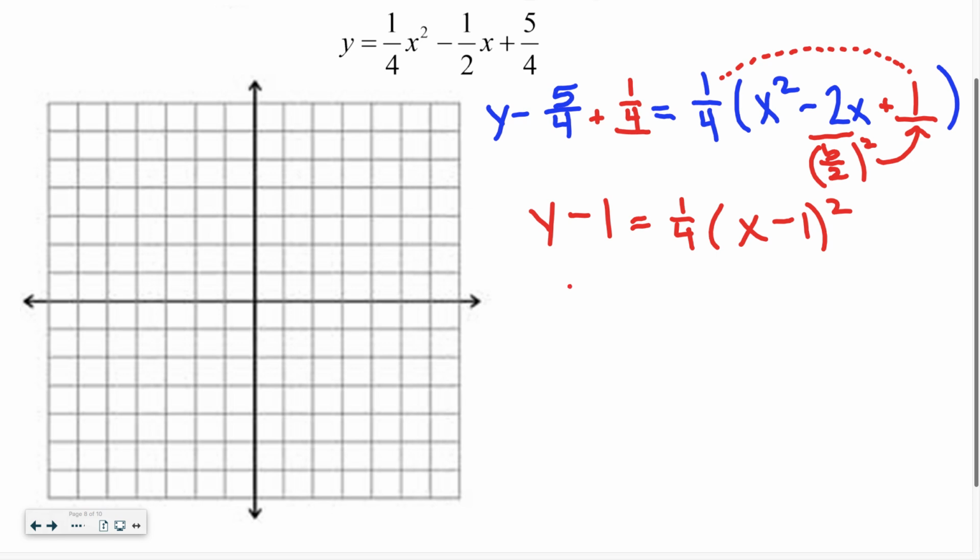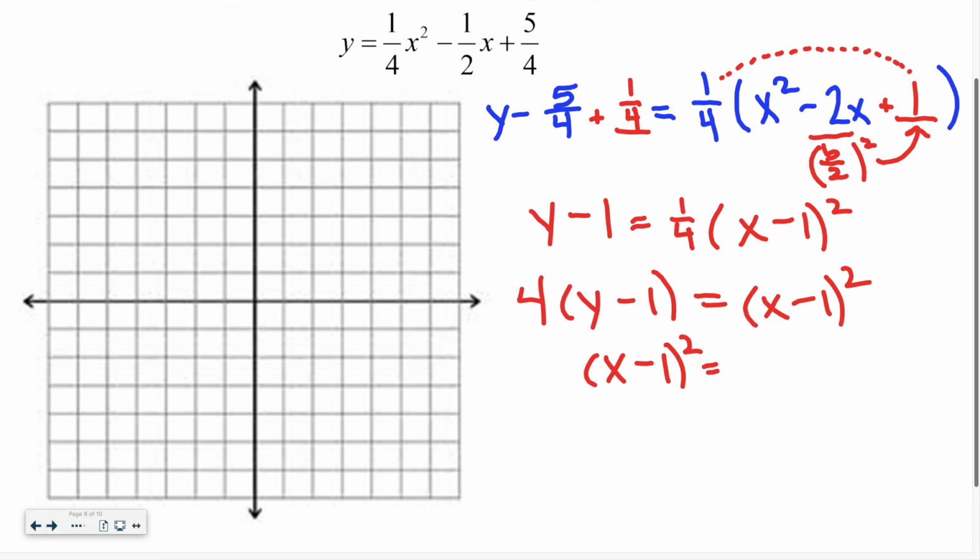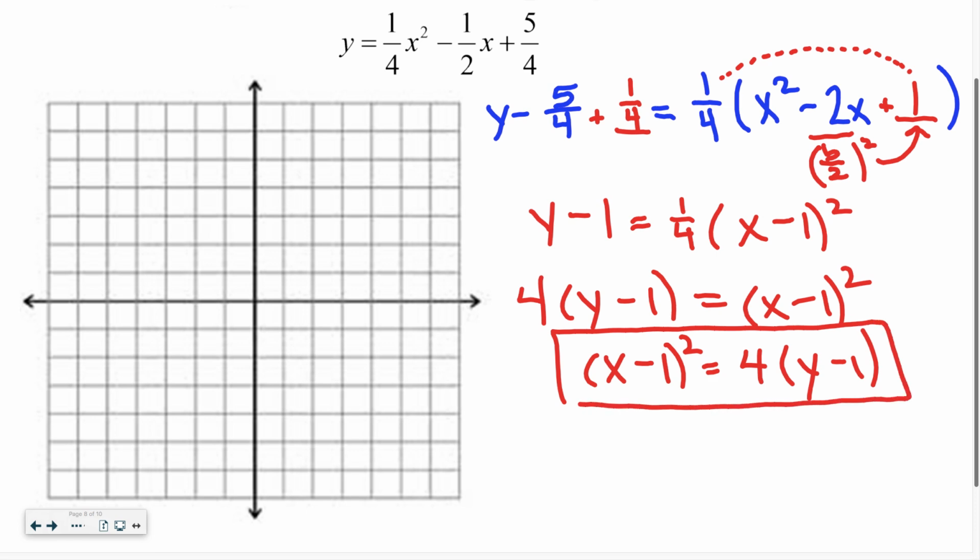So we are going to multiply that 4 over. And I'm just going to rewrite it so it's in the form that we usually see it. Once you get it into standard form, easy money.